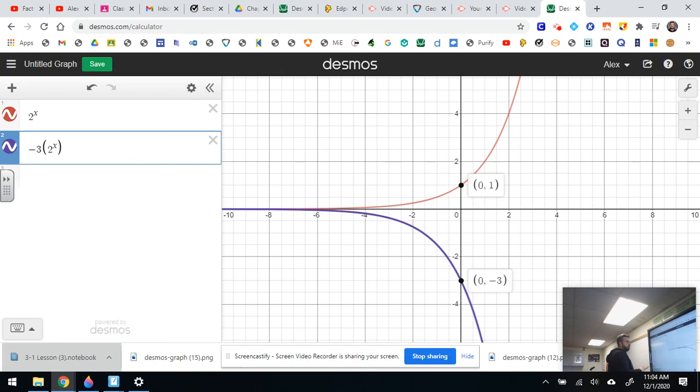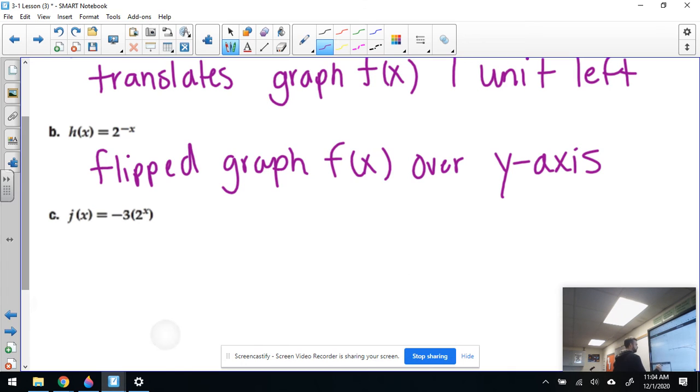So what happened when we multiplied by negative 3? It took our graph, f of x, and it flipped it over the x-axis and stretched it by a factor of 3.